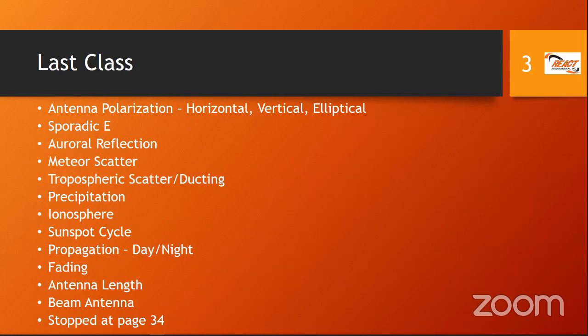We talked a bit more about what the ionosphere was, the sunspot cycle. We looked at the different propagation as it relates to day and night. We talked about fading. We discussed antenna length. We talked about what a beam antenna was, and we stopped on page 34 last class.